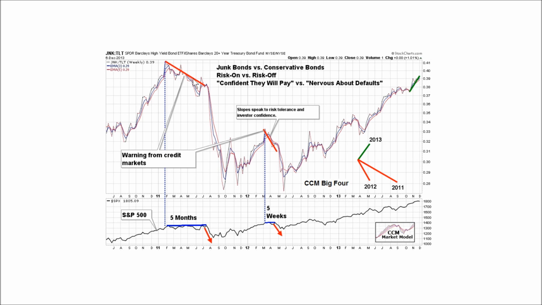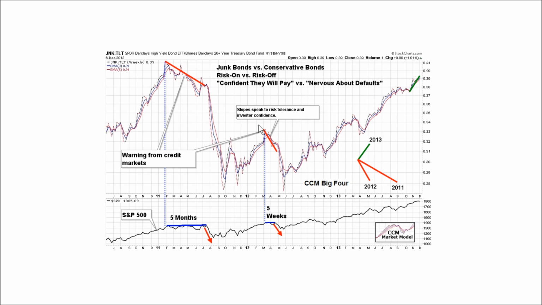So these slopes tell us a lot about risk tolerance. These slopes both say, I'm nervous about bond defaults, and I'd rather collect a smaller yield with conservative treasury bonds than trying to collect a greater yield with higher yielding junk bonds.